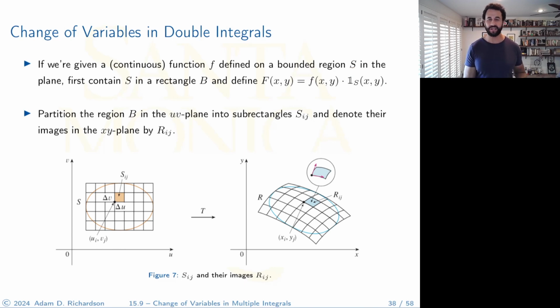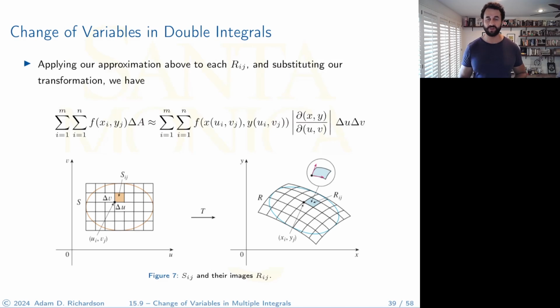We partition the rectangle B in the UV plane into subrectangles S sub ij, and denote their images in the xy plane by r sub ij. So what is T doing? T takes this little rectangle and maps it to that transformed rectangle, which is r sub ij.